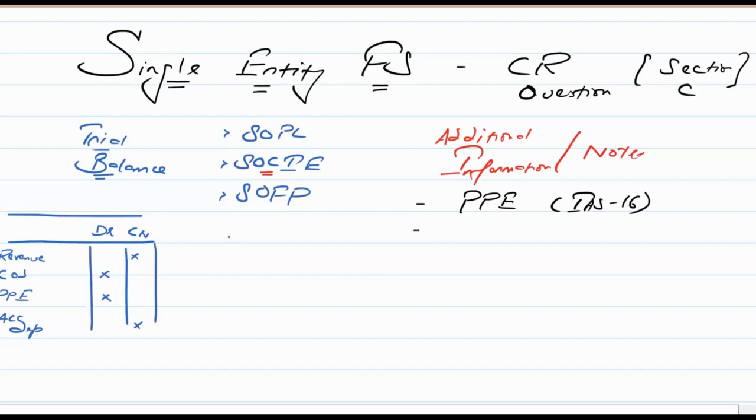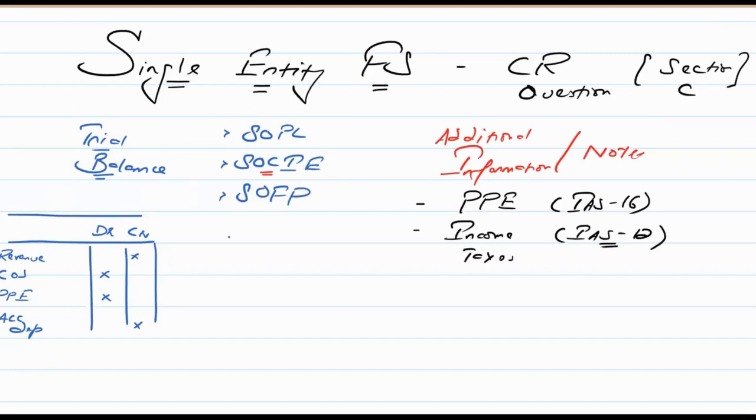Then a regular adjustment on income taxes. That is from IAS 12. We do not see a final accounts question without these; they are always tested. You never see an exception. You always see IAS 16 over there, you always see IAS 12 over there.